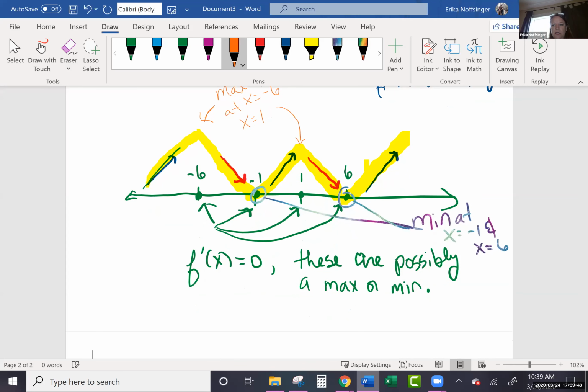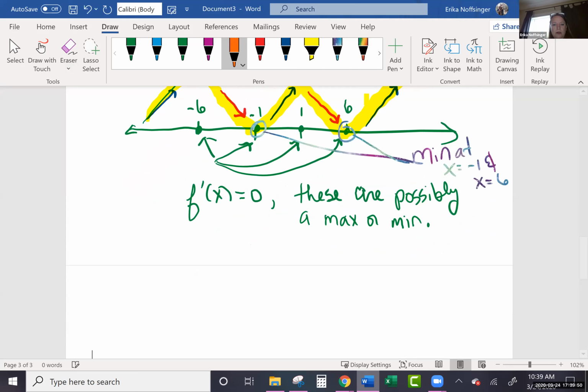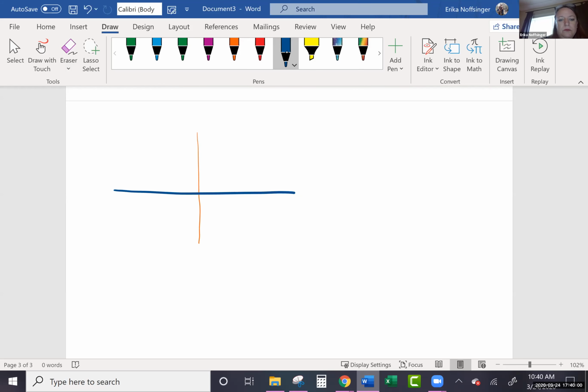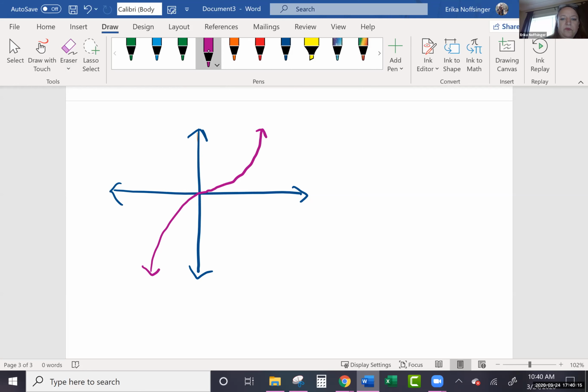So let me just show you a graph real quick. It's possible that you find a critical number when you took the derivative. So let's say you had some graph like this. If this is f of x, just looking at the function, I can tell that it's increasing everywhere.